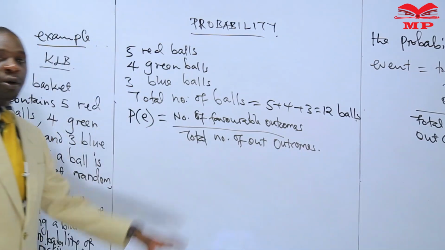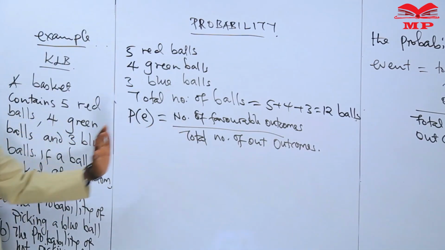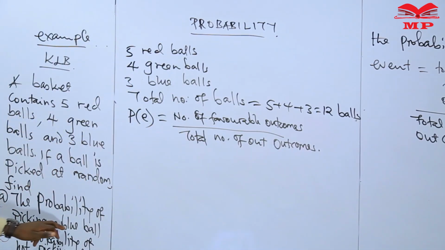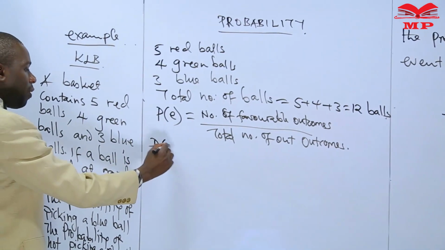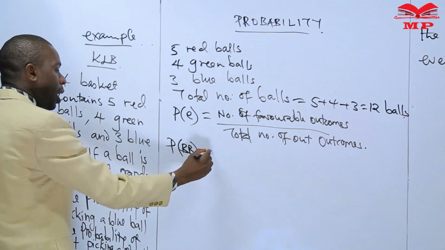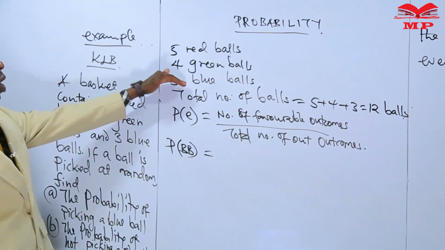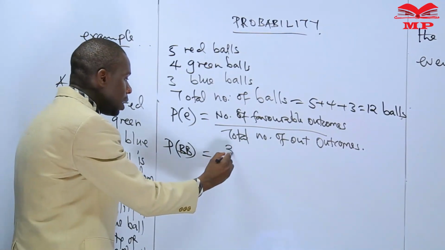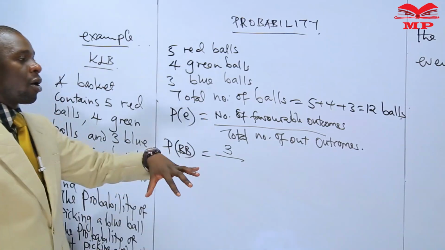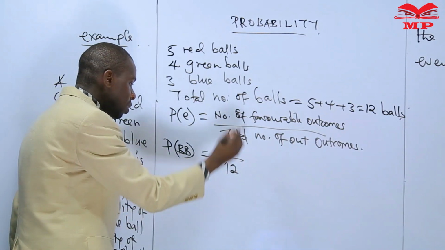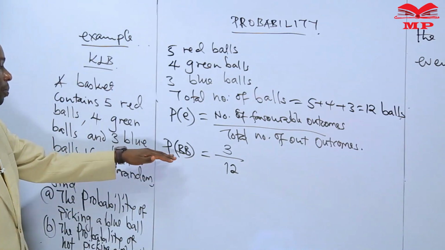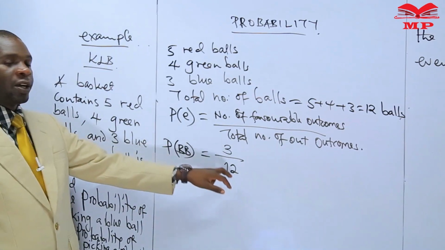So the outcome that favors us here, in this case, number 1, is blue ball. So we will say, therefore, the probability of a blue ball can be given by the number of blue balls. In this case, there are 3. And the total number of balls we are picking from are 12. So therefore, the probability of picking a blue ball is 3 over 12.